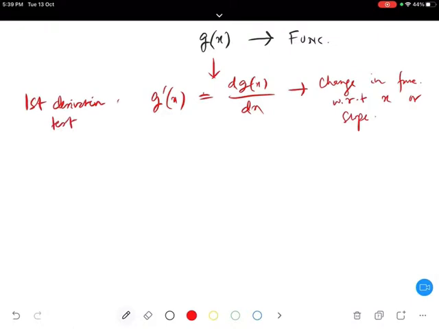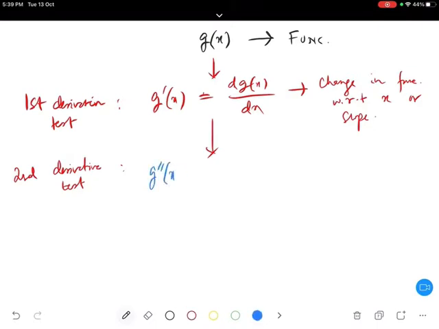Now, I am doing the second derivative test. Why am I doing that? The second derivative test is g double dash x.